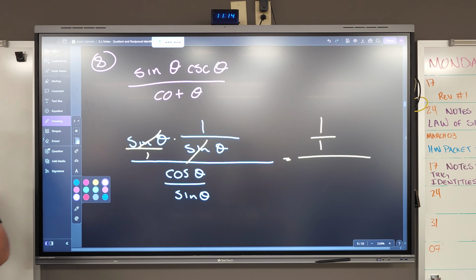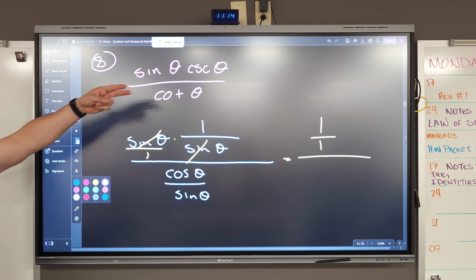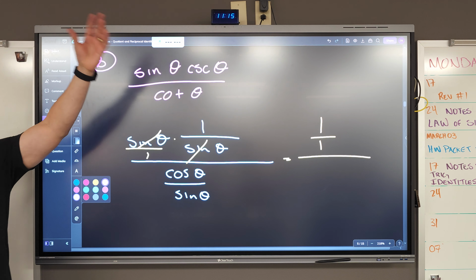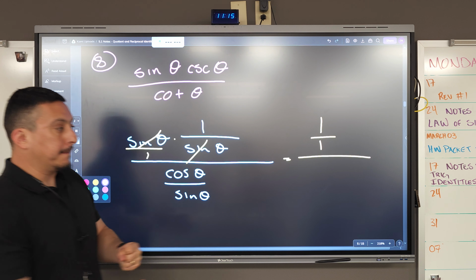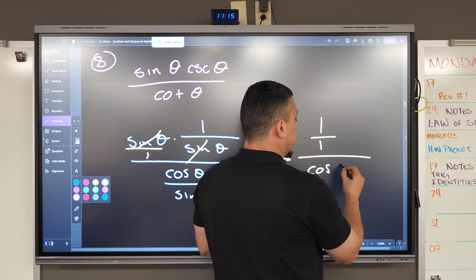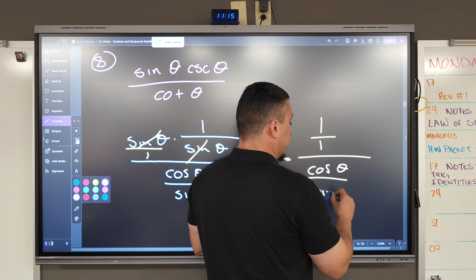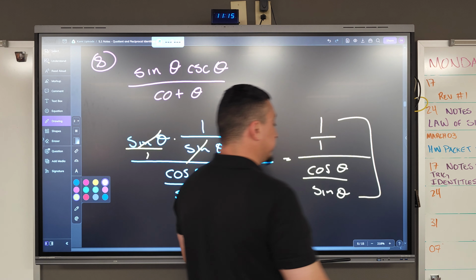Now, think of this again as a path to Walmart. There's different ways to get there. This is like one way. Some of you might have left it as sine and did the hamburger. It should still simplify the same. Cosine theta, sine theta, hamburger.